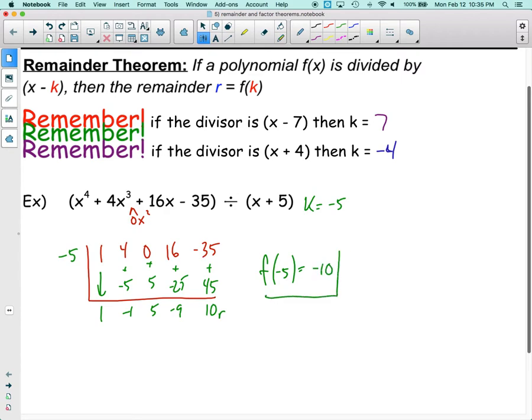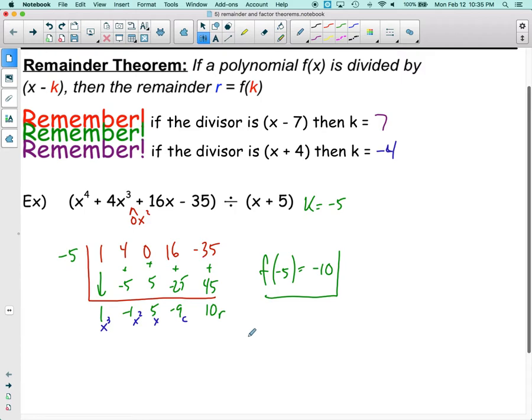So this is reestablishing that connection we talked about already of how this value here is important, how it's connected to this division. The remainder of the division is the same as if we plug this number into the function. There is a connection there. And the other thing we talked about is, if I did want to say what does the division give me, that's my remainder, that's my constant, that's my x, this is my x squared, and the highest thing I have would be x cubed, which should make sense because x to the 4th divided by x would give us x cubed.